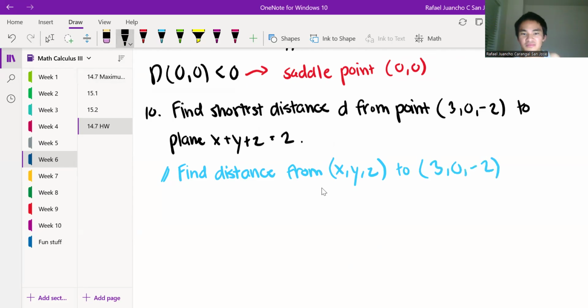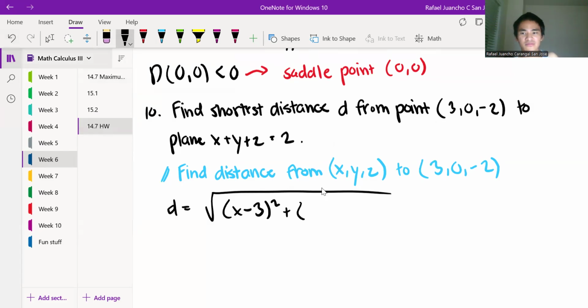And the moment it reaches 0, then I guess... Okay, if I plug it in, this is 3, 0, minus 2. That's not equal, so that's not on the plane, right? So this is x minus 3 squared, y squared, z minus, or z plus 2 squared, right?